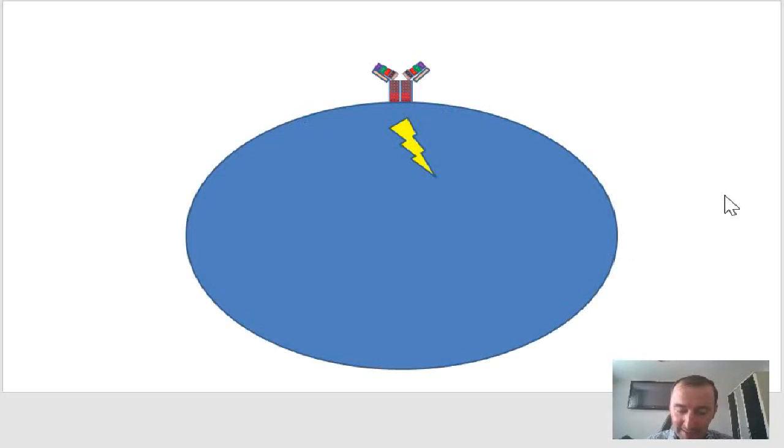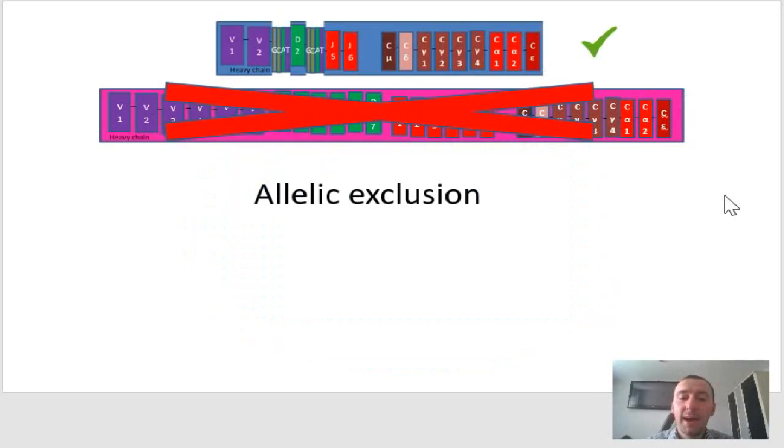And what it does is it expresses the heavy chain with the surrogate light chain on the surface of the cell, and if that rearrangement is functional, it will get a signal to survive. Okay? And if it gets that signal to survive and the rearrangement has been successful, then what the B cell does is switches off the other copy of the gene.